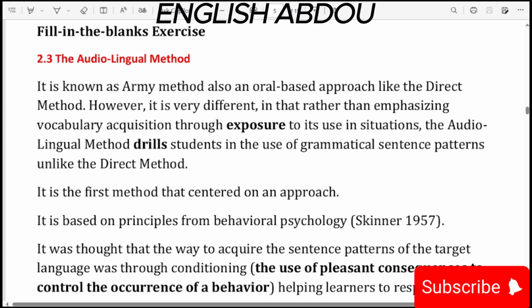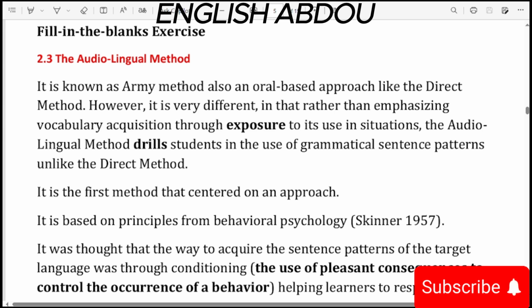And it is also known as the Army method because this name dates back to the Second World War when America sent its army to its enemies, and there was a need to speak their languages.